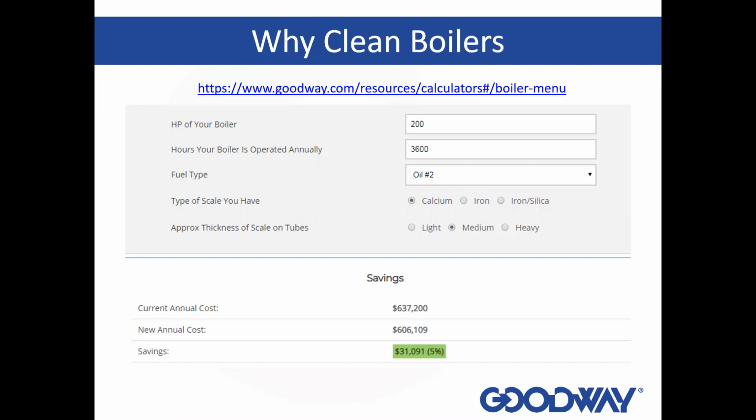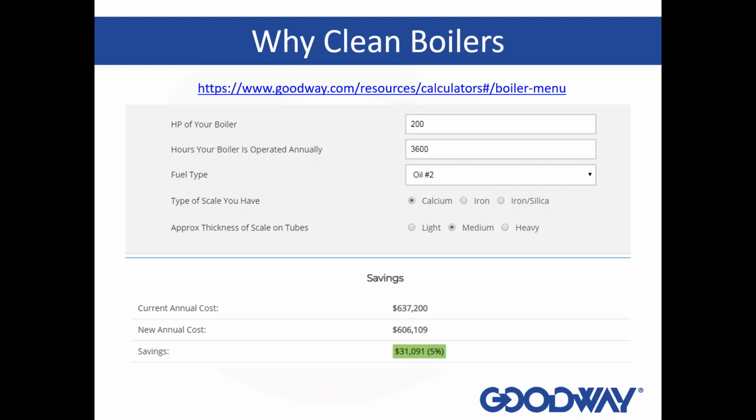And really, you're subtly, or more than subtly, decreasing the efficiency of the boiler, because in the context of a water tube boiler, the heat on the fire side can't get through the calcium layer that ends up on the inside of the tube to heat the water up.